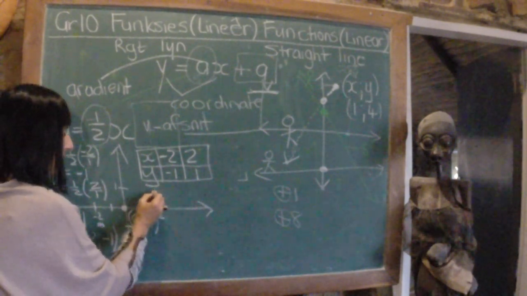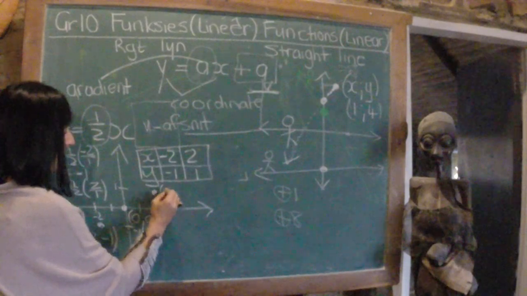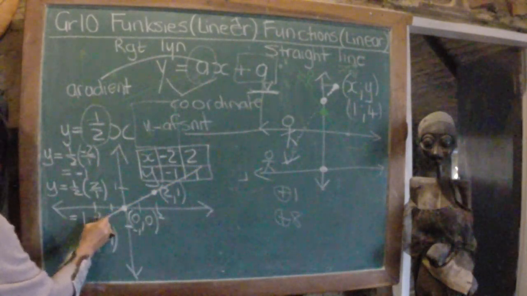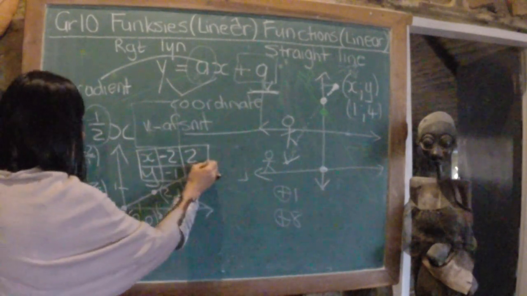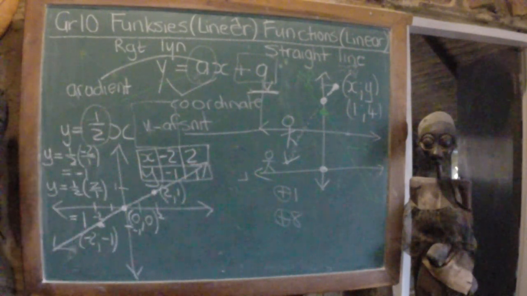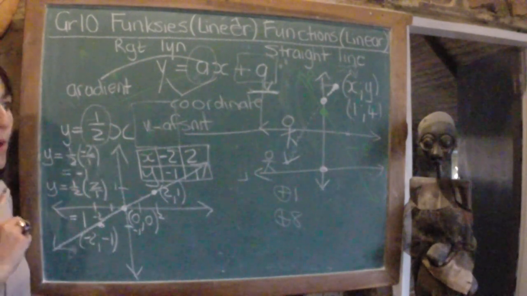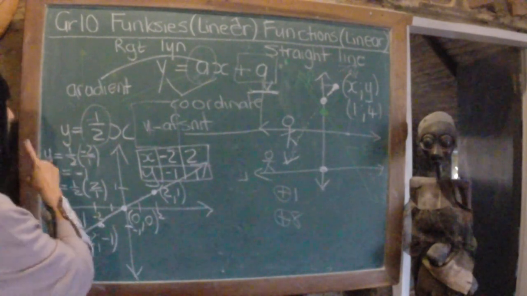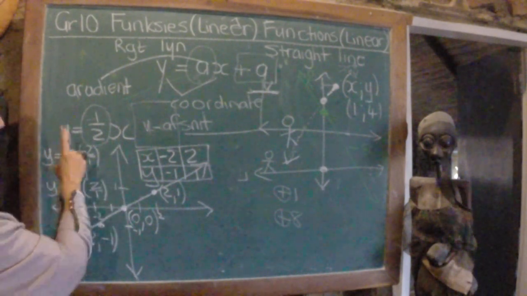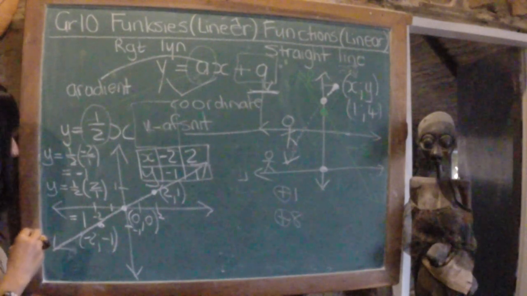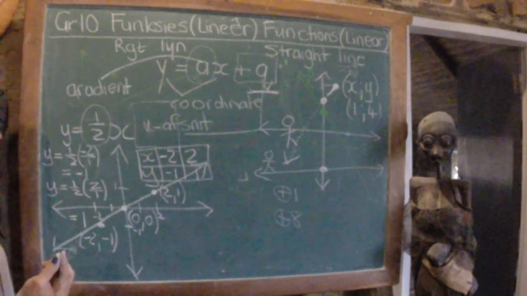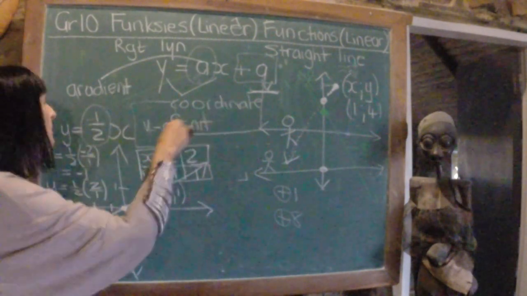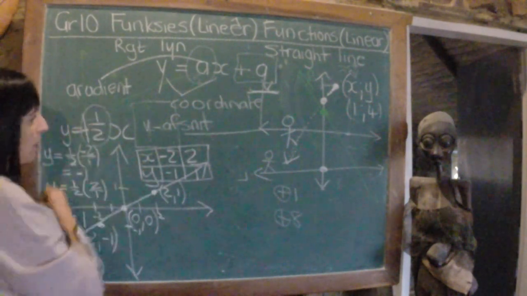So daar's my punt, my adres, my koördinaat 2, 1. And now I can draw my line through my points. En kan julle sien dat hy is minder styl as die y is gelyk aan x. Hoekom? Sy gradiënt is kleiner. It's not so steep as the y equals x, because the gradient is not so steep. Goed, daar het ek hom geteken, maklik. Hy's opdraande. Why is it ascending? Because this is a positive a half.